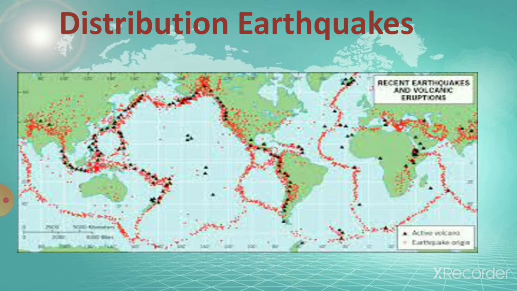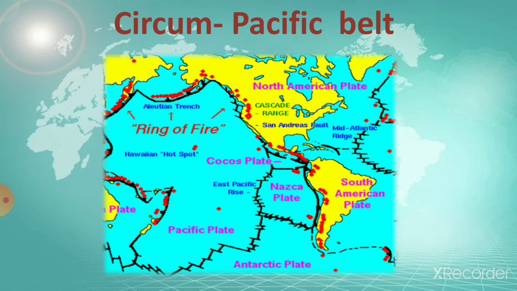Distribution of earthquakes. No part of the earth is free from earthquakes, as you can see, right? We can see the distribution of earthquakes in this figure, but in some areas earthquakes occur more frequently. The main earthquake belts on earth are: the first is the Circum-Pacific Belt. The Circum-Pacific Belt includes the coastal margins of North America, South America, and East Asia.